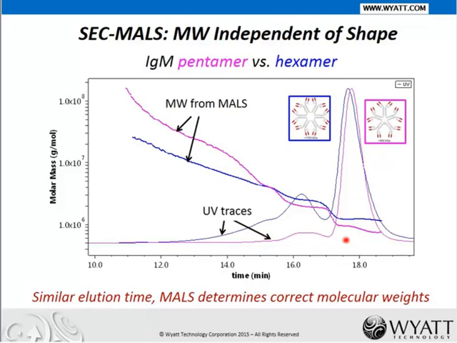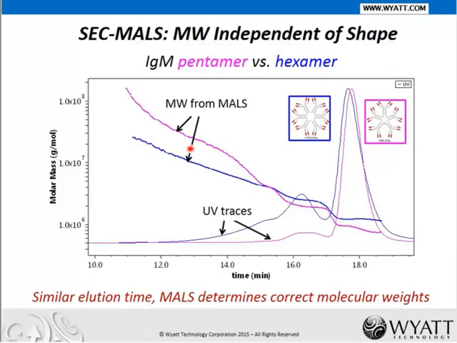The UV traces show the chromatograms of pentamer in pink and hexamer in blue. We can see those two main forms eluted at very similar times. They each also have some aggregates.